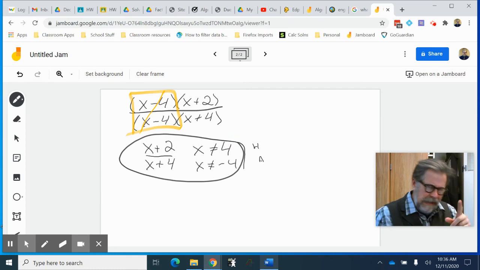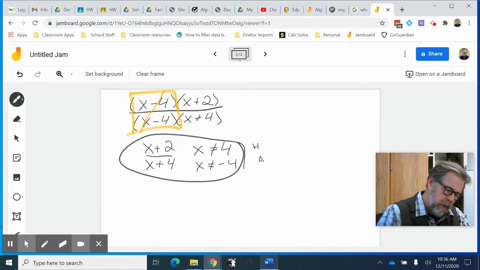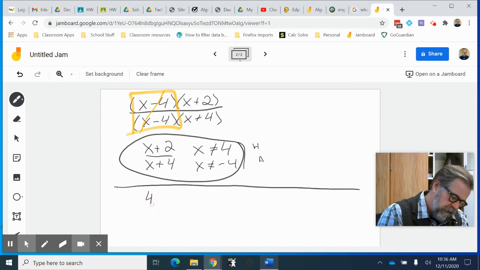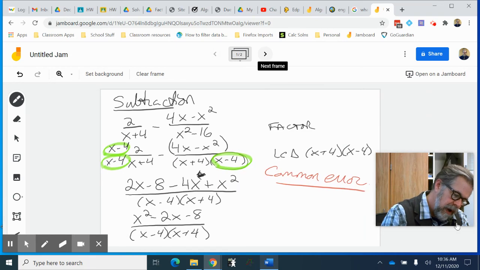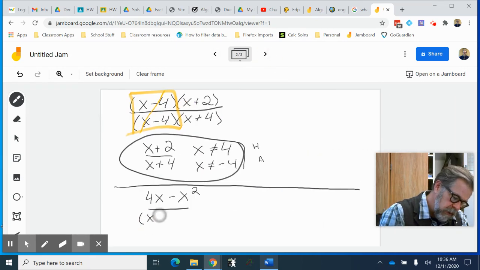All right. Now, in case you're wondering what I was talking about when I said you could do this, but I don't want to: I had 4x minus x squared, and then I had it over x plus 4, x minus 4.